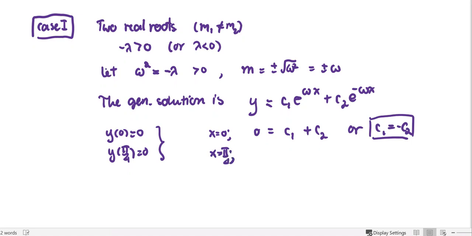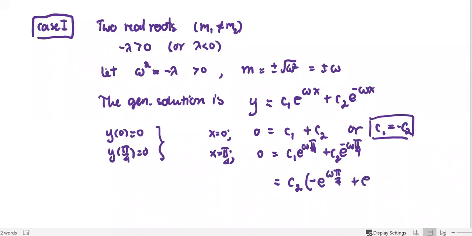And then the second condition, x equals pi over 4, y is still 0. That gives us C1 e to the omega times pi over 4 plus C2 e to the negative omega pi over 4. And from the relationship C1 equals negative C2, we can replace C1 with negative C2 and factor the C2 out, as negative e to the omega pi over 4 plus e to the negative omega pi over 4.